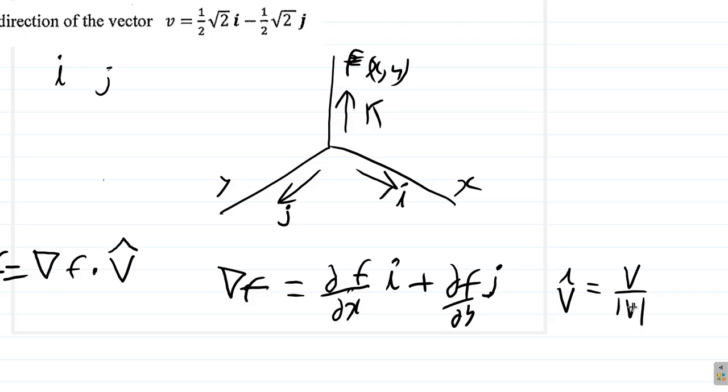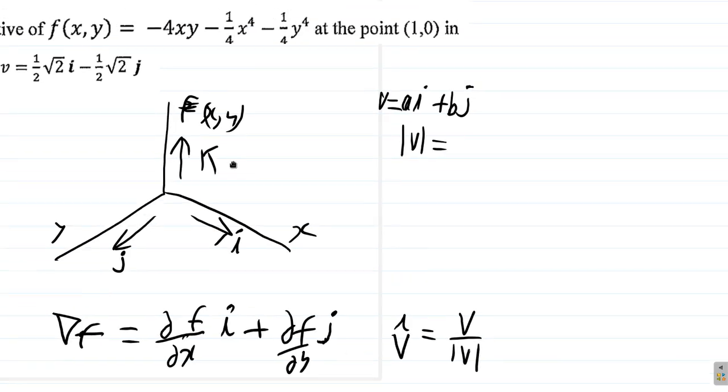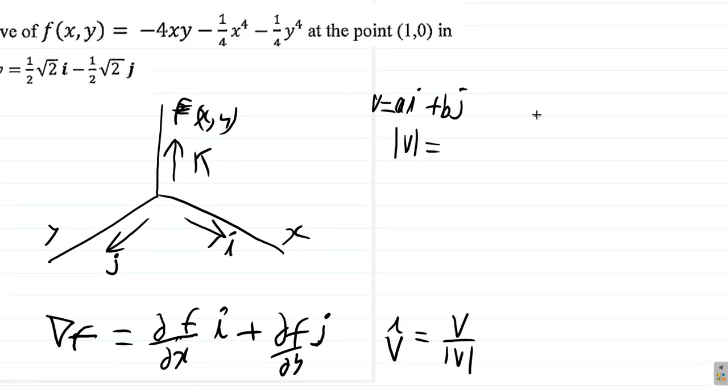How do you find the magnitude of a vector again? If you have a vector a in the direction of i plus b in the direction of j, and this is v, the magnitude of v would be, remember, like you're using Pythagoras here. This is i, this is j, and this would be the magnitude, the hypotenuse.